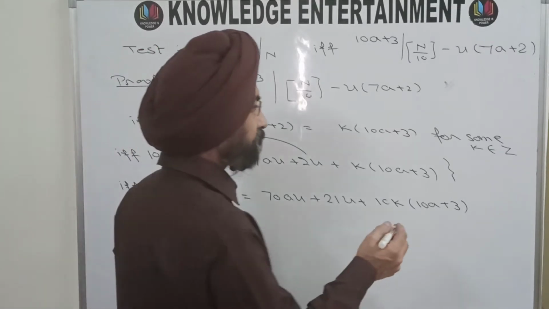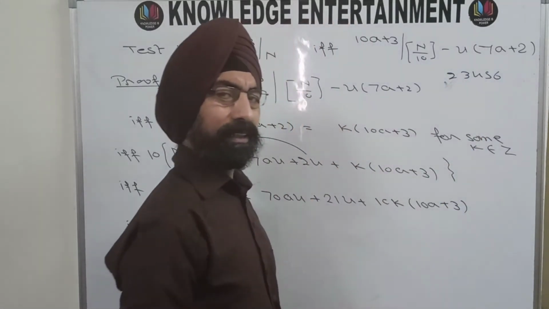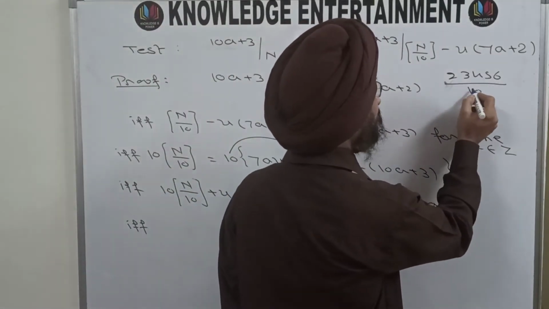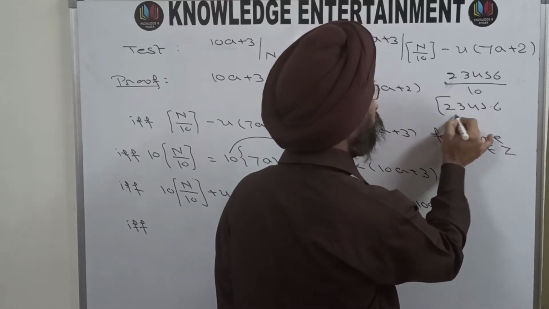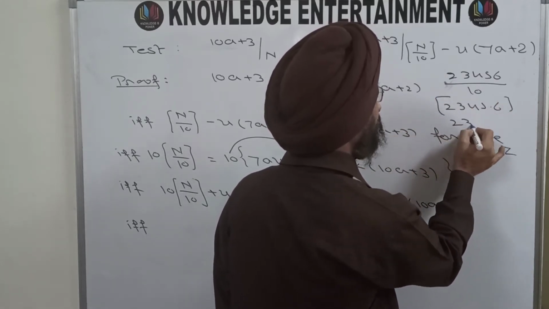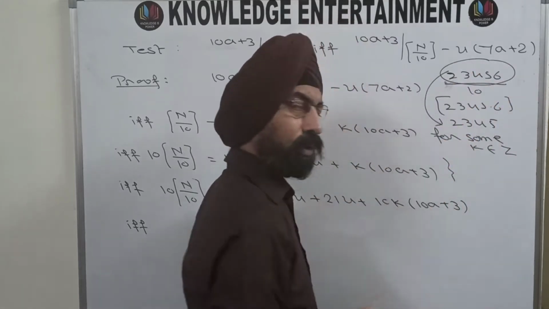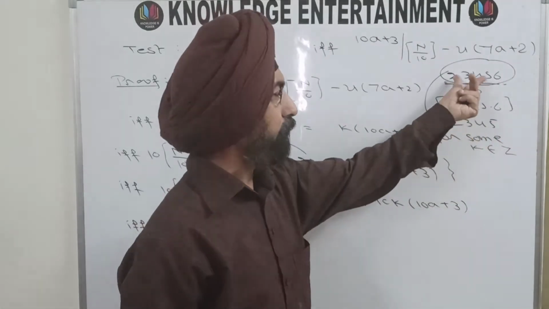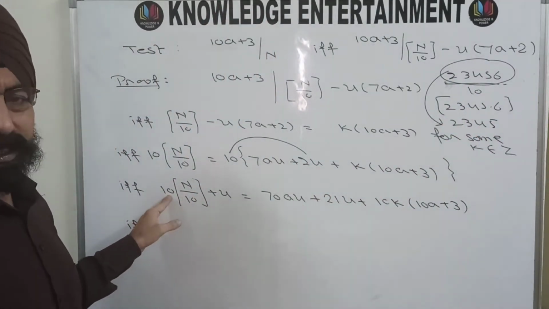For example, if you have 2, 3, 4, 5, 6, suppose this is your n, when you divide it by 10 you will get 2, 3, 4, 5.6, and when you take its greatest integer you will get 2, 3, 4, 5. So you have only deleted the last digit, the rest of the number is there. So this is that number, and then you are multiplying it by 10.